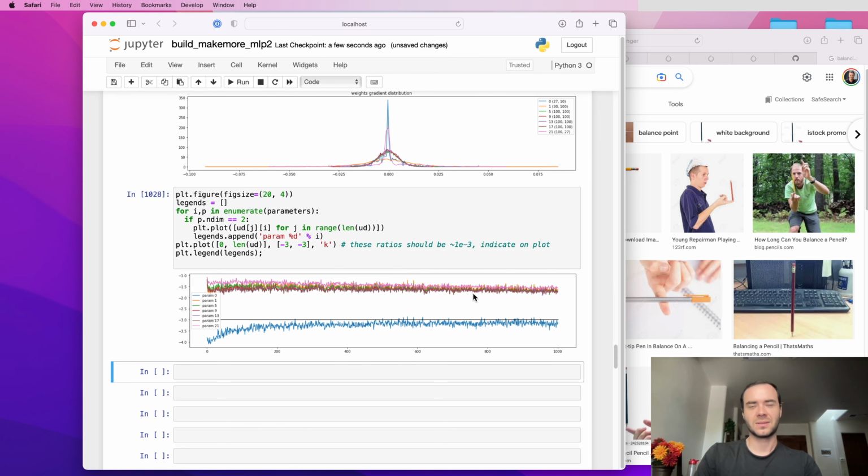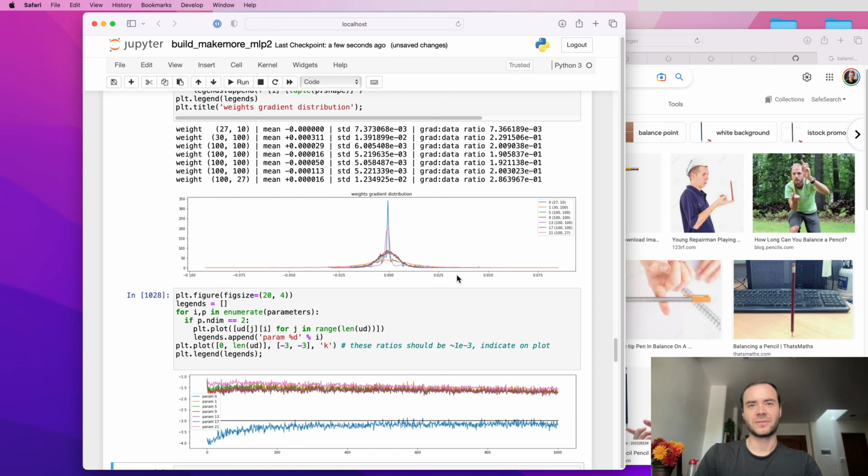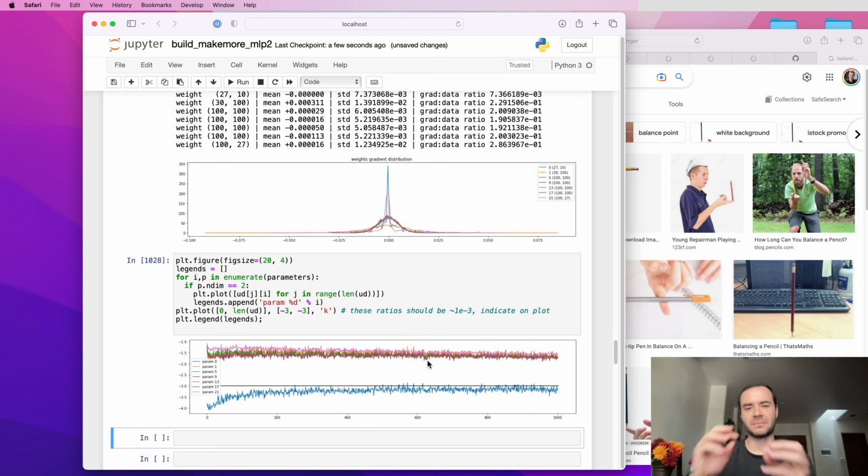And so even though the forward and backward paths to a very large extent look okay, because of the backward paths of the BatchNorm and how the scale of the incoming activations interacts in the BatchNorm and its backward paths, this is actually changing the scale of the updates on these parameters. So the gradients of these weights are affected.